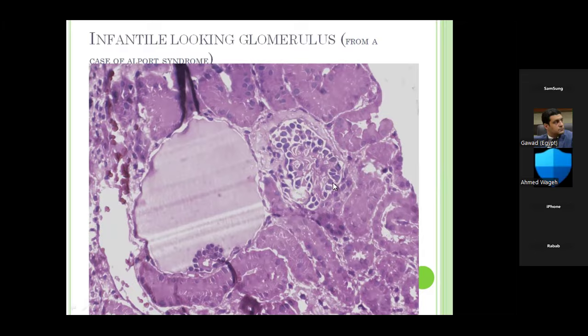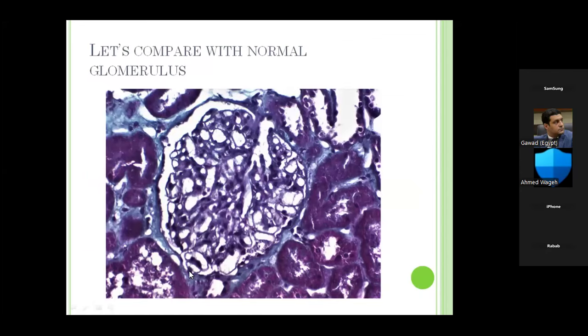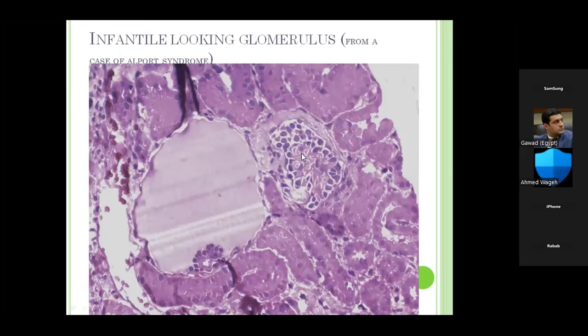These are proliferating podocytes because this is an infantile glomerulus, not a normal appearing one. In other pictures, we can see just one podocyte here, one here, and not all this number of podocytes. Podocytes can no longer proliferate.